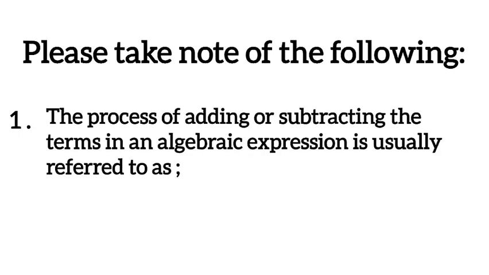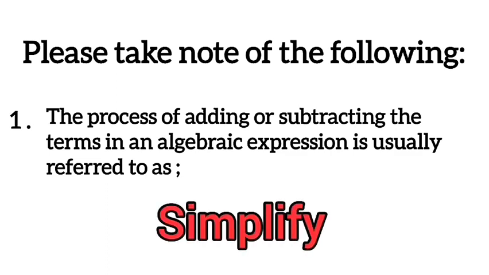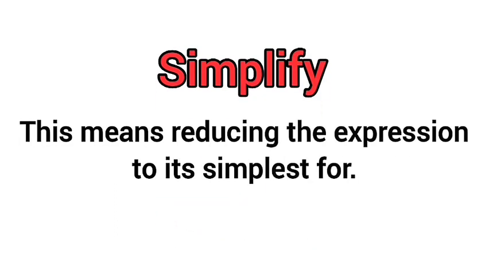Note number 1. The process of adding or subtracting the terms in an algebraic expression is usually referred to as simplify. The word simplify means reduce the expression to its simplest form. You will come across the word simplify a lot in questions under algebraic expressions.